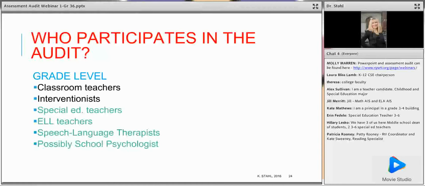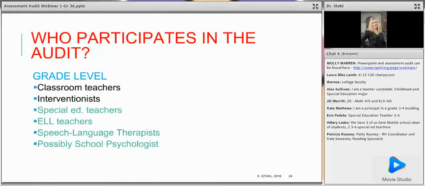That means at the grade level, all the classroom teachers would be participating. Also, the interventionists that work with their team would participate, the EL teachers who work with their team, the speech and language therapists, and the school psychologists. So they would contribute to a grade level audit, all right?